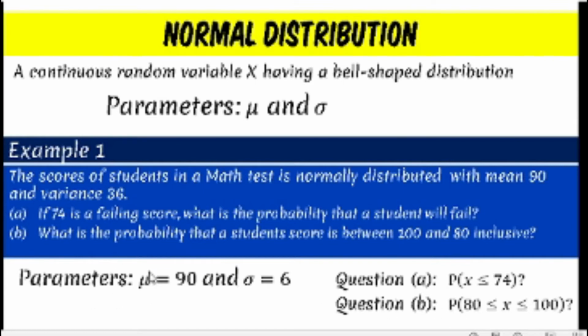Again, the parameters here are the mean and the standard deviation. The standard deviation is 6 based on the given value of the variance. Remember that the standard deviation is the square root of the variance. Since the variance is 36, it follows that our standard deviation is 6.